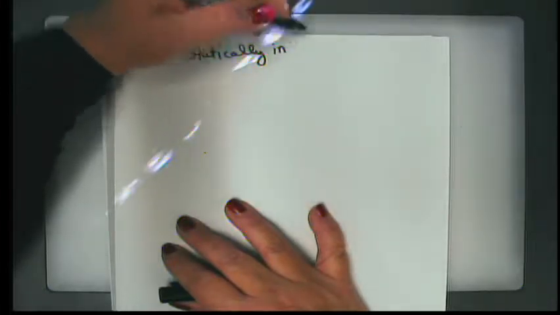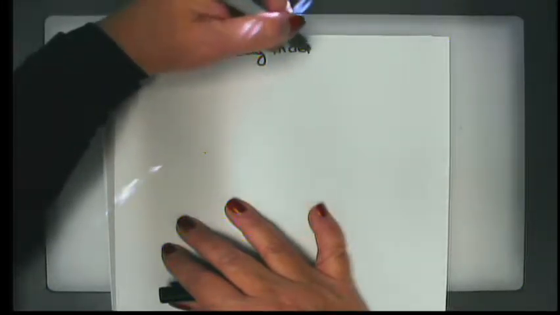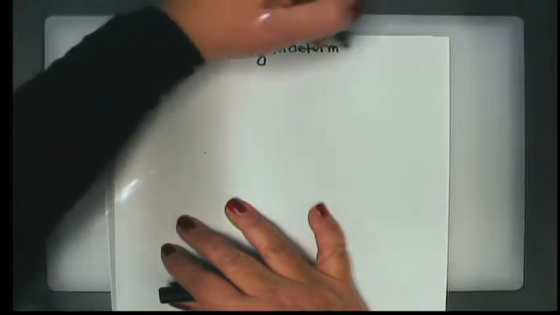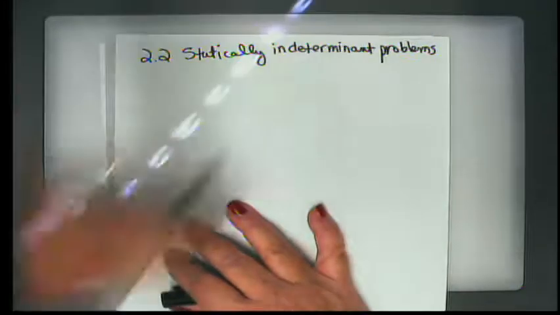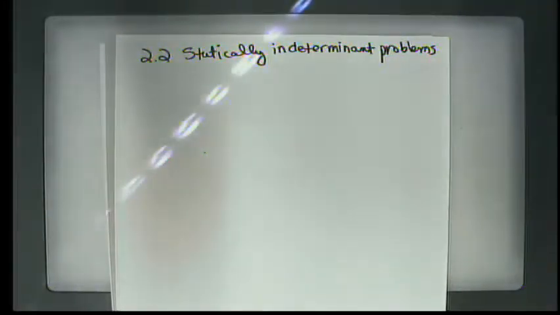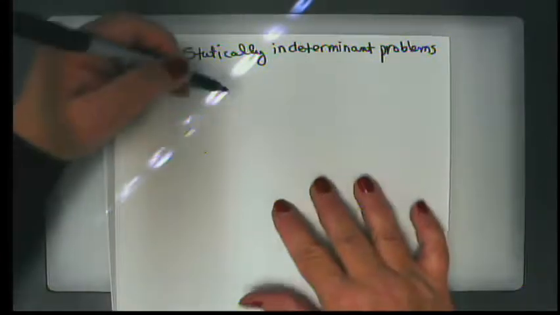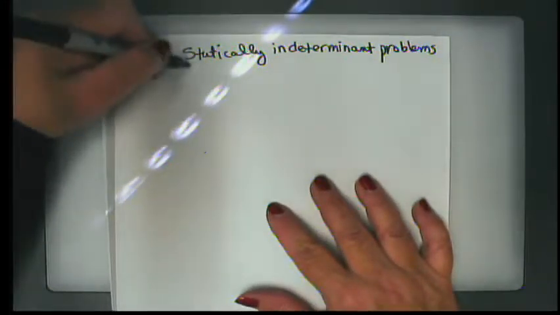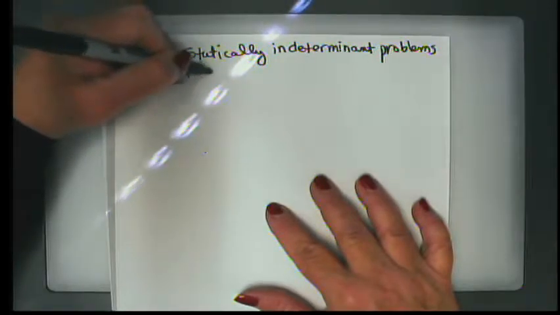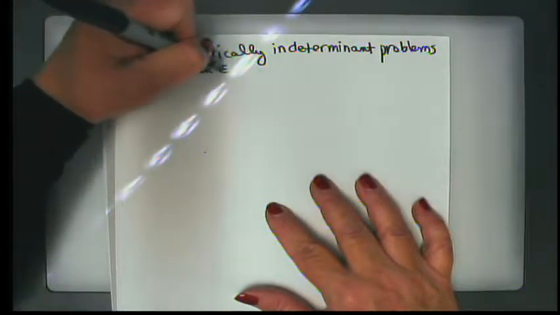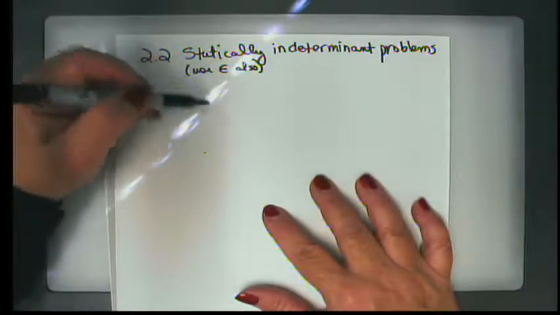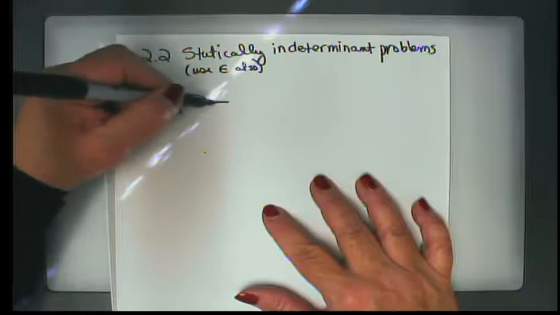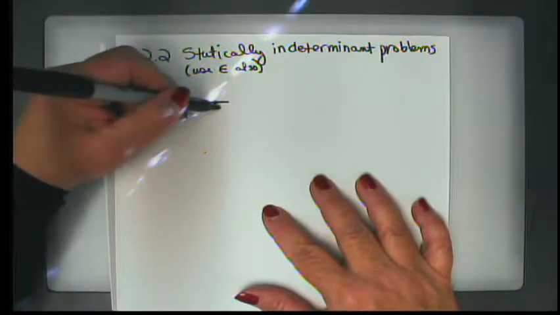In other words, the methods of statics are not sufficient to provide us with the means of evaluating certain types of problems. And so what we need to do is to use strain also.